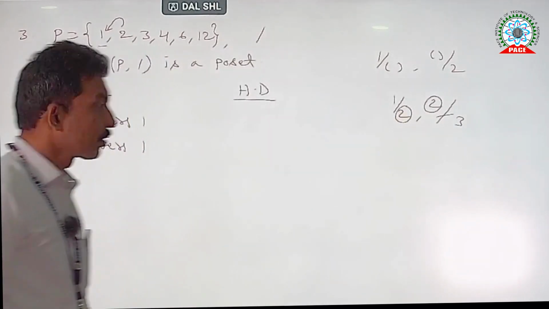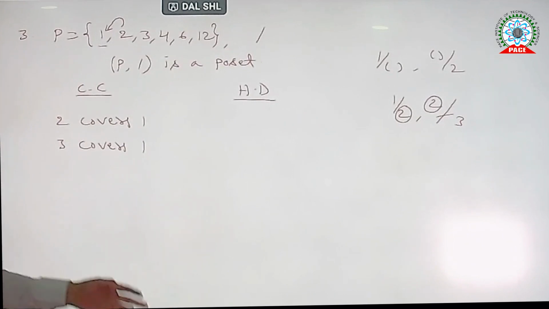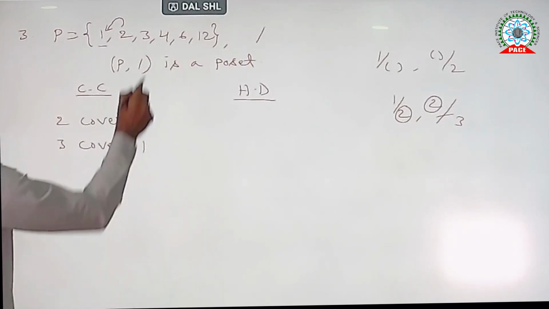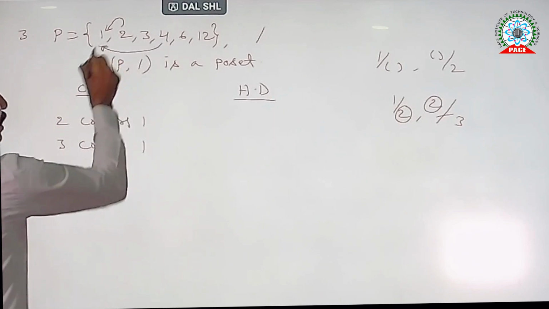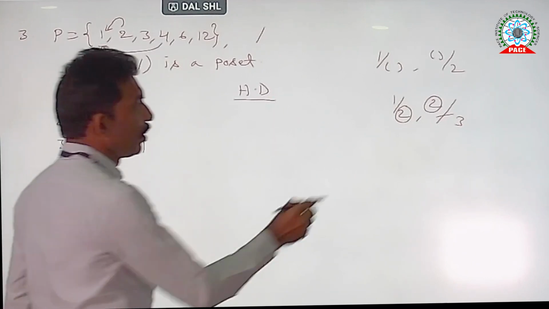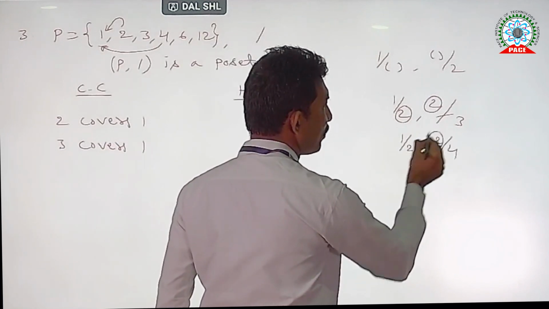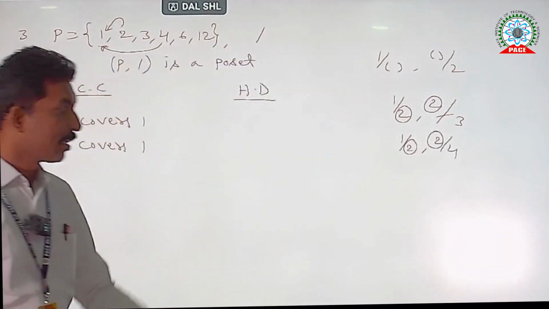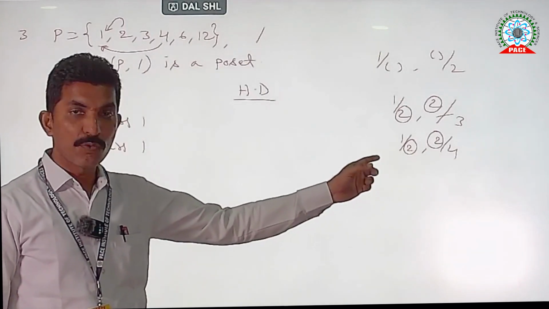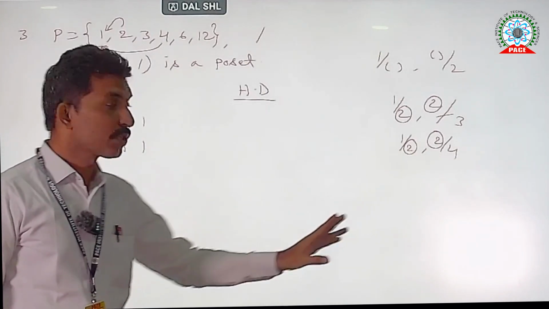Next, 4 does not cover 1, because there is an element 2 such that 1 divides 2 and 2 divides 4. Similarly, 6 does not cover 1, and 12 does not cover 1.